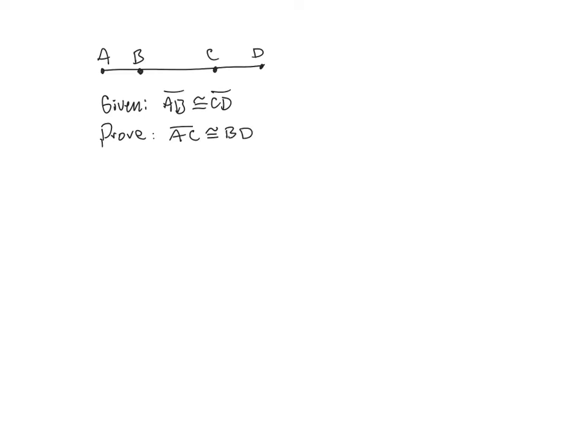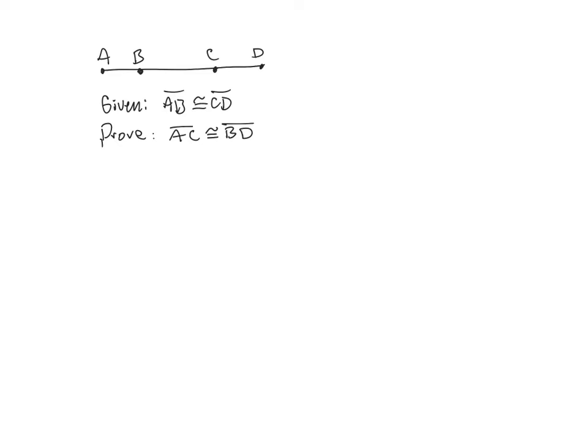So let's look at one. If I'm given that AB is congruent to CD, and I want to prove that AC is congruent to BD.